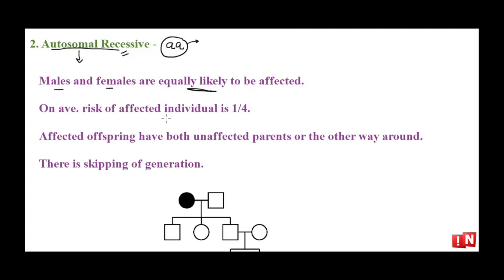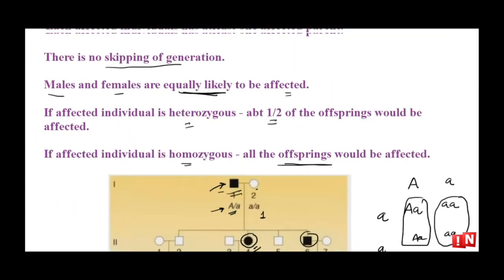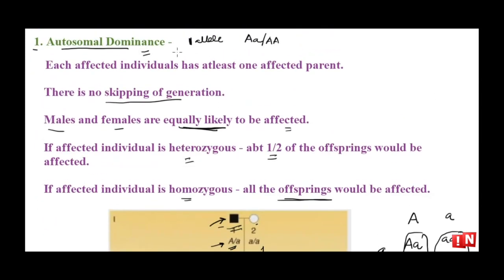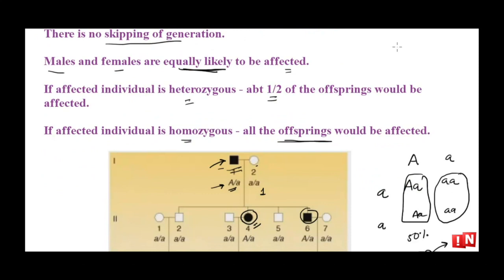Now, on an average, if there are carriers for this particular, okay, from carrier I remember one point: can there be a carrier for a dominant condition in the family? No, right? Because even if one allele is present, it will show the disease. So there cannot be any carrier when you talk about a dominant condition.